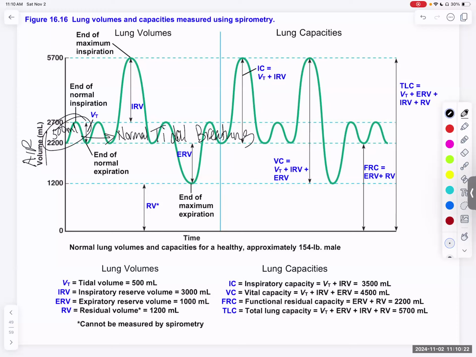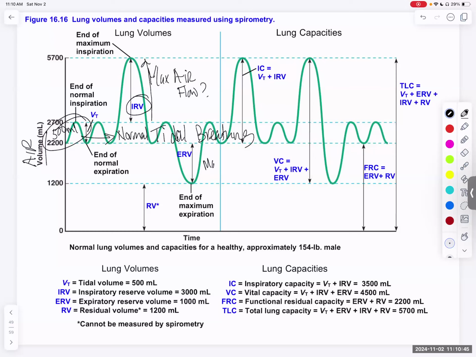If you want to see what your capacity for bringing air into the lungs, like how much air, what's your max airflow? You take the biggest deep breath in above what you normally do with a quiet breath, and that's your inspiratory reserve volume.